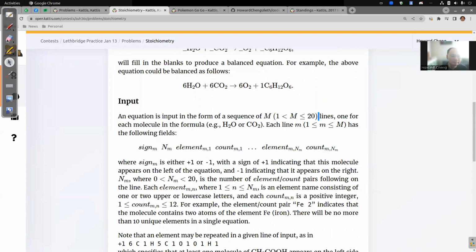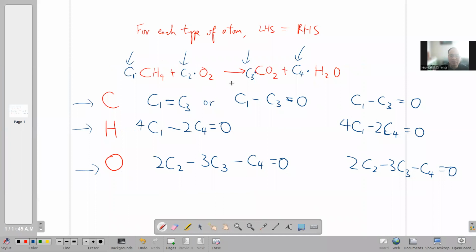So what they're really saying is, if you think about this as a linear system of equations, you have a certain number of unknowns and a certain number of equations, and the solution space has rank exactly one, or the null space is exactly one. I guess you call it nullity.